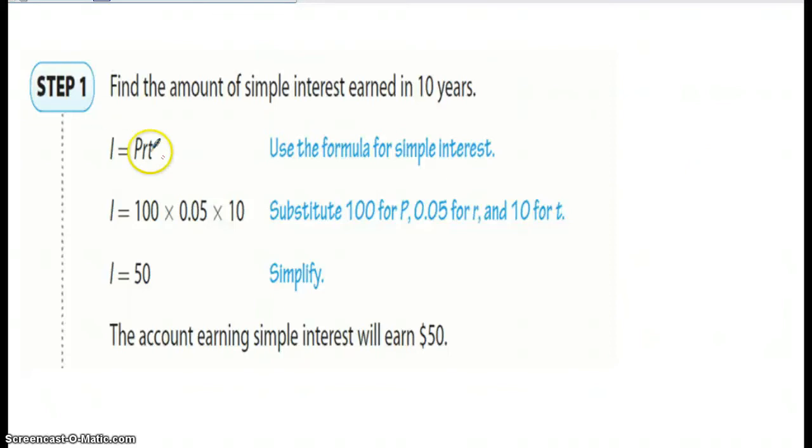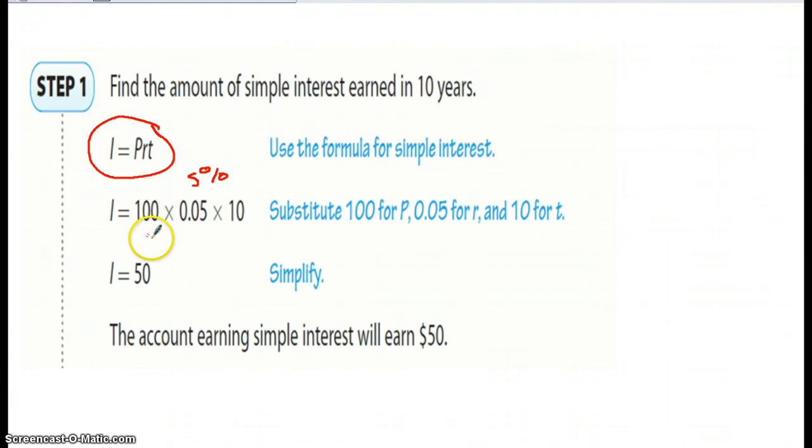Remember the formula when we're looking at simple interest. Interest is principal times rate times time. So we have $100, which is the amount that they told us, times 0.05, that's 5% changed into a decimal, times 10.